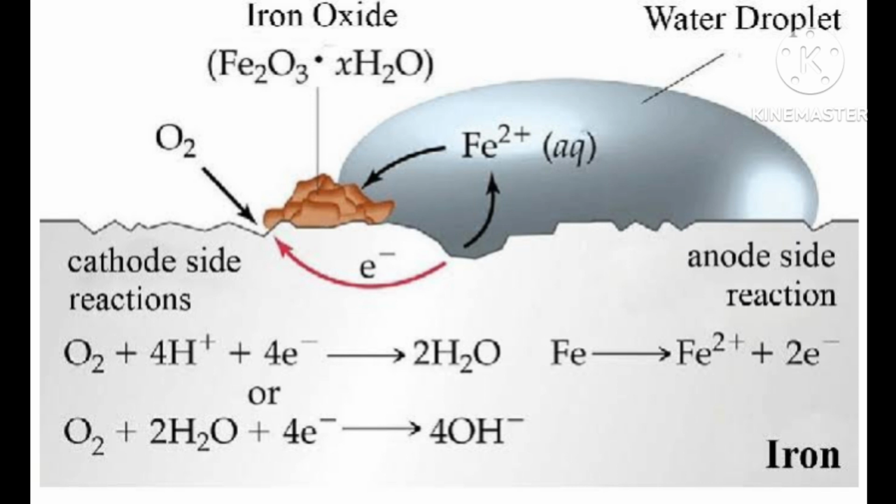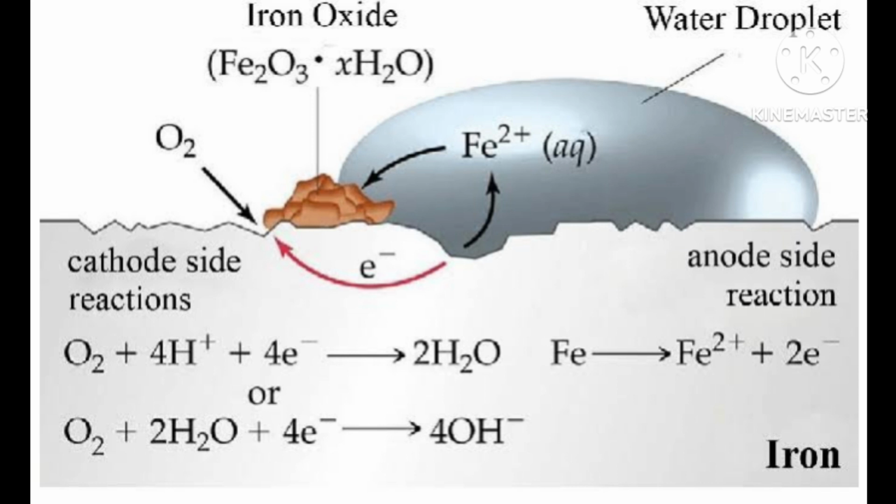Preventing corrosion is to prevent the surface of the metallic object from coming in contact with the atmosphere.